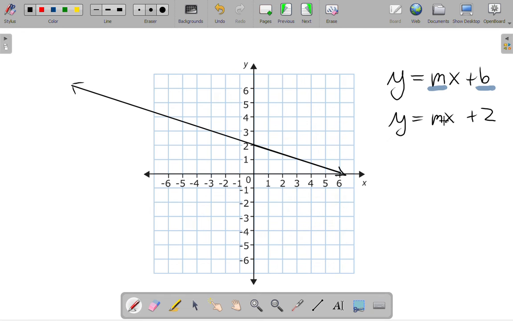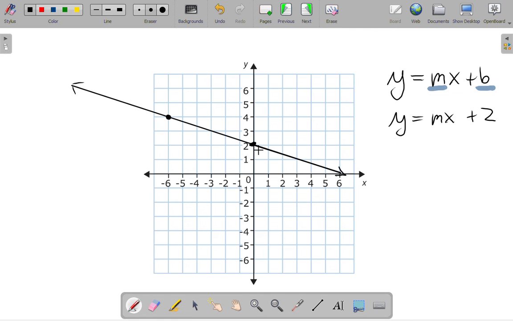Now we need to figure out this, and to figure that out we need to know how much up and over it goes. So we need to find some points here that we can use, like, for example, this point. We want to use ones that are on the grid. I'm looking for points where the line crosses on the grid, like that one right there.